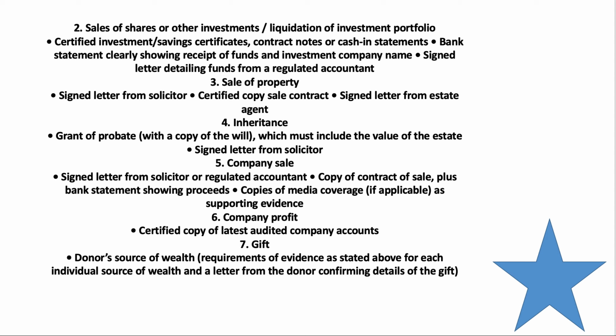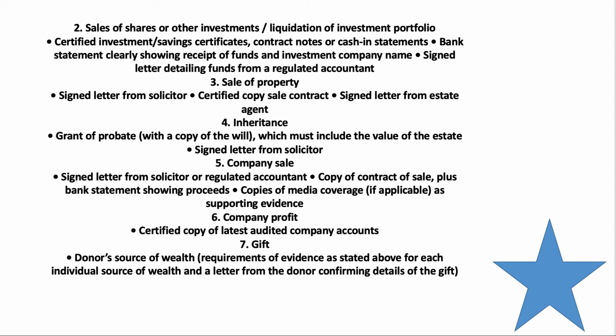Also, another example of source of wealth is sales of shares or other investments, liquidation of investment portfolios. This could be proven by certified investment or savings certificates, a signed letter from the solicitor, or a certified copy of the sale contract. And that would be sale of property.